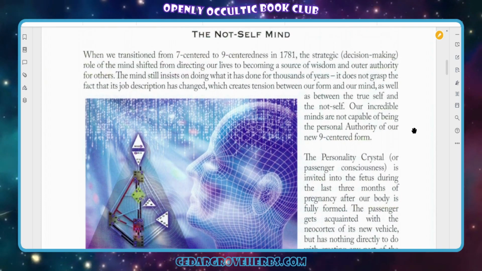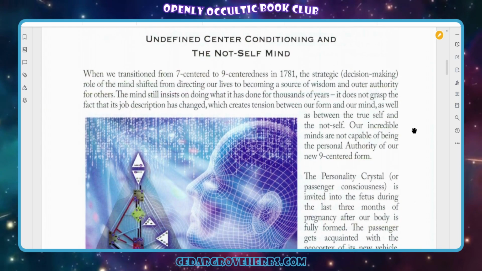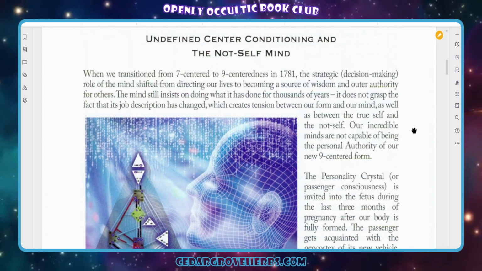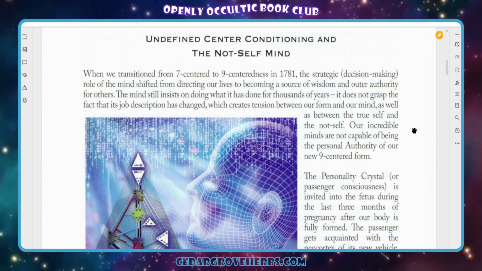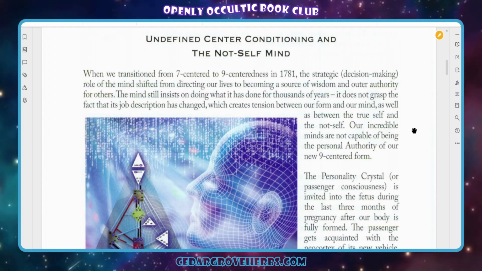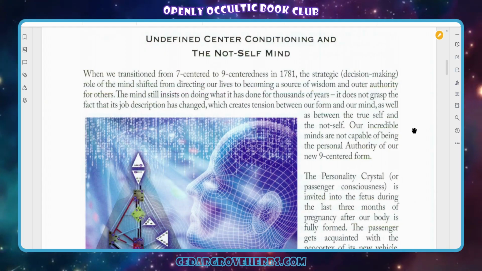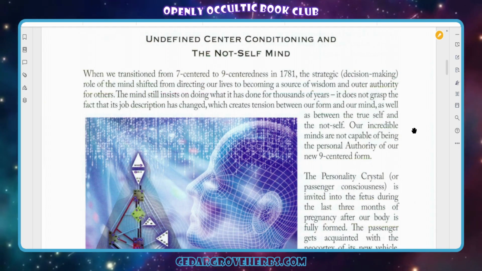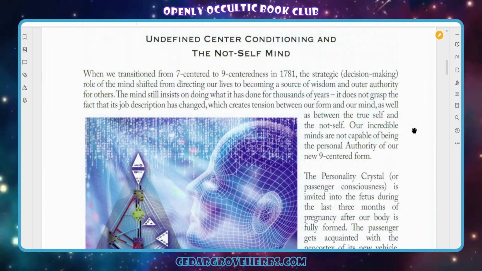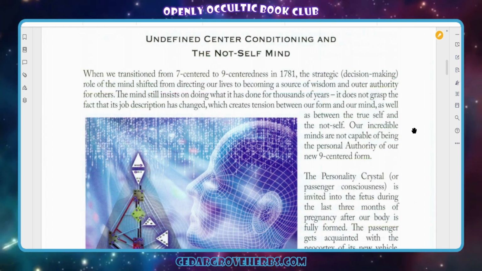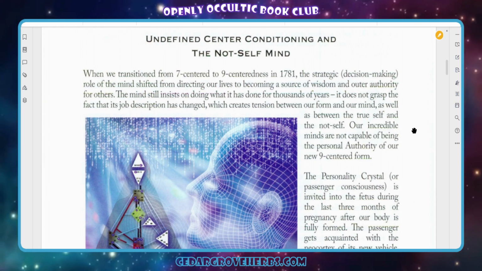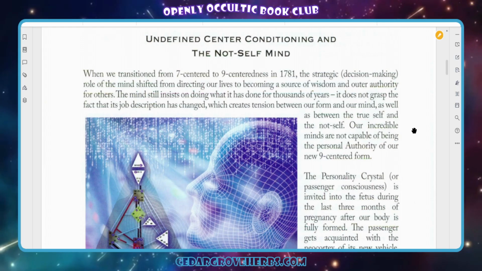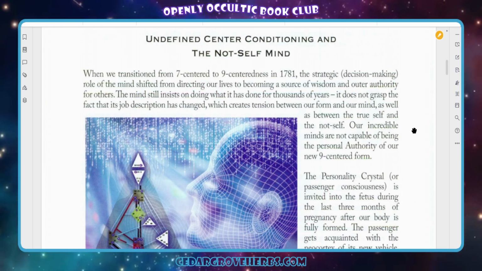But it's okay. I just wanted to point that out because I'm into making things plain. It doesn't have to be a mystery. But there's also a lot of lies mixed with truth in a lot of things. Particularly when we start talking about this seven-centered, how we've evolved from seven-centered to nine-centered beings in 1781, when Uranus was found by Herschel.